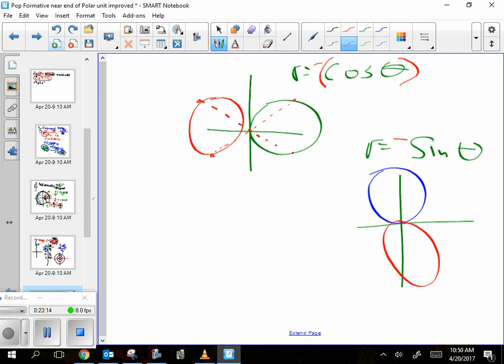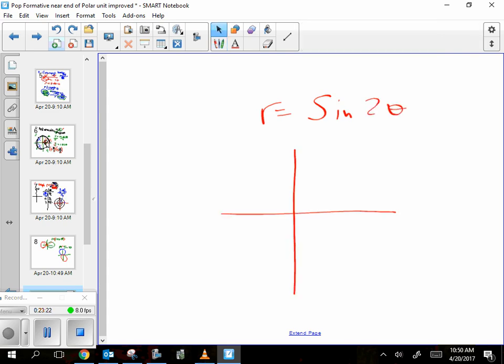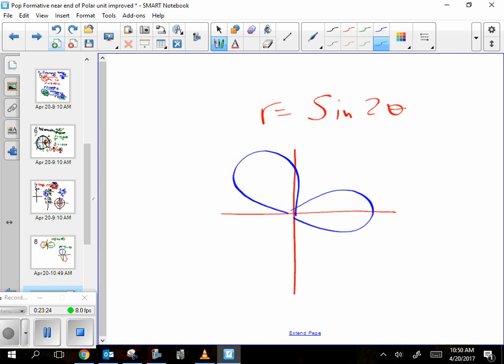All right, a couple more just for fun. Sine of 2 theta. That's the kind that ends up getting leaf petals kind of thing. And if you want to add more in there, like sine of 5 theta or 10 theta, you get more and more and more leaves. All right.